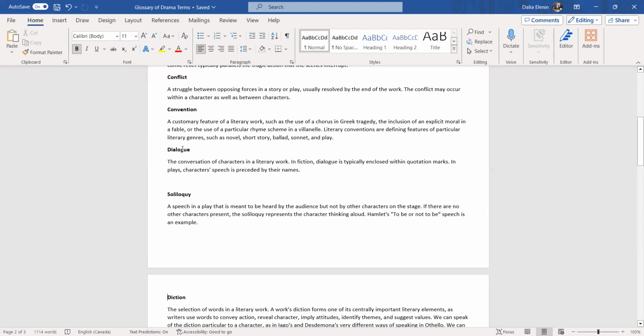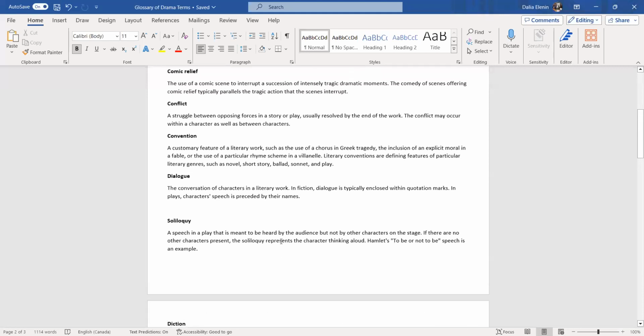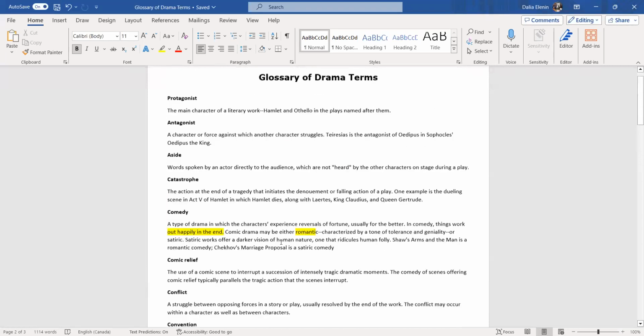The more you use those terminologies in your answer, it reflects that you paid attention and you are able to use a high class of diction. So what does soliloquy mean? It's a speech in a play that is meant to be heard by the audience, but not by the other characters on the stage. Please see the difference.